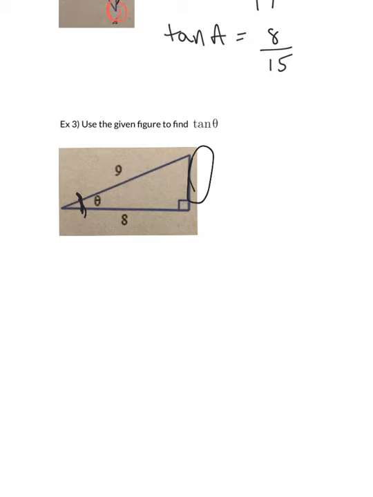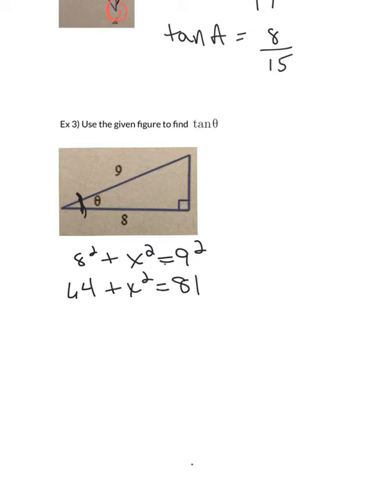So in order to do that, we need to do the Pythagorean theorem. So 8 squared plus what we don't know squared has to equal 9 squared. 64 plus x squared has to equal 81.